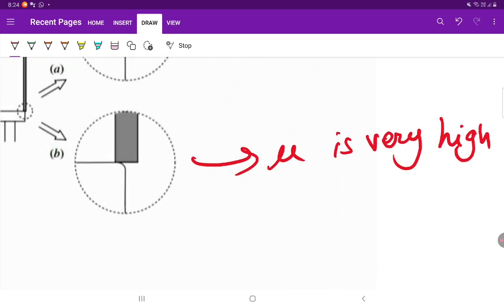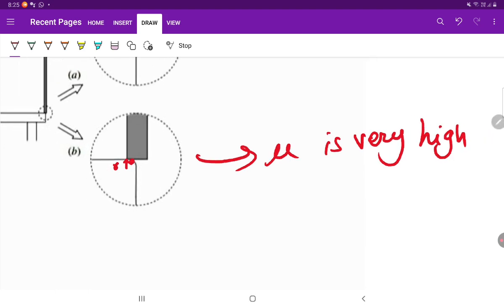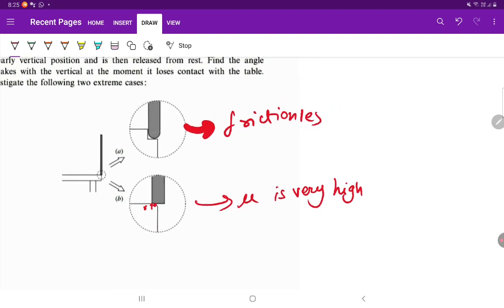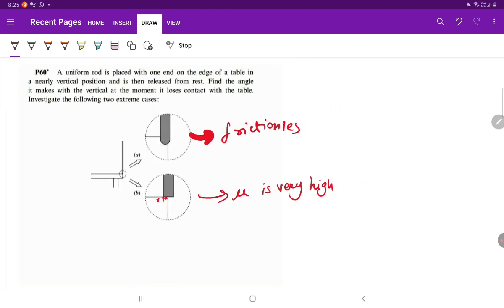This radius r is negligible as compared to the dimensions of the rod, so it will almost execute a pure rotation about this as the pivot. In this case too, you have to tell me the angle at which it will lose contact.